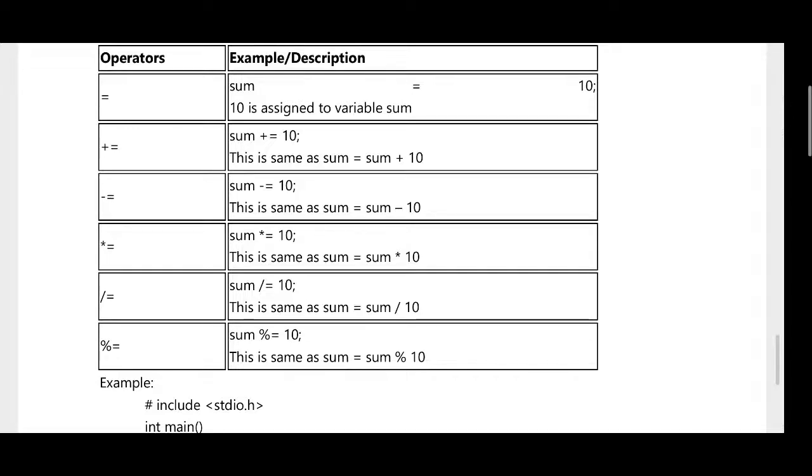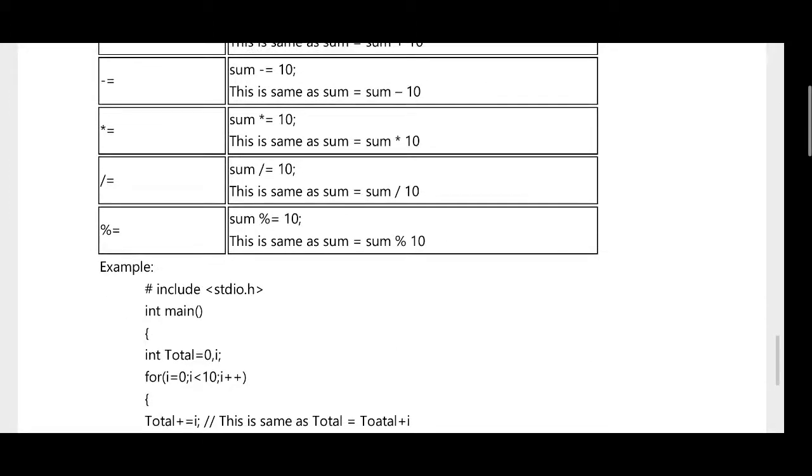Sum slash equal to 10 is the same as sum is equal to sum divided by 10. Sum percentage equal to 10 is the same as sum is equal to sum percentage 10.